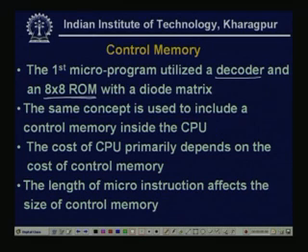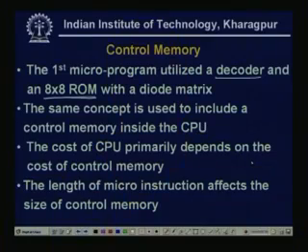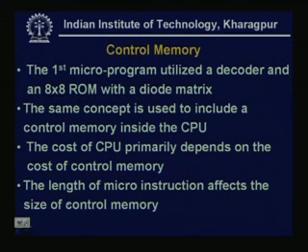As the length of micro instruction affects the size of control memory, and the cost of control memory decides the cost of the CPU, the first effort is to reduce the length of the micro instruction. It will reduce the cost of memory, and finally it results in the reduction of the cost of the CPU.